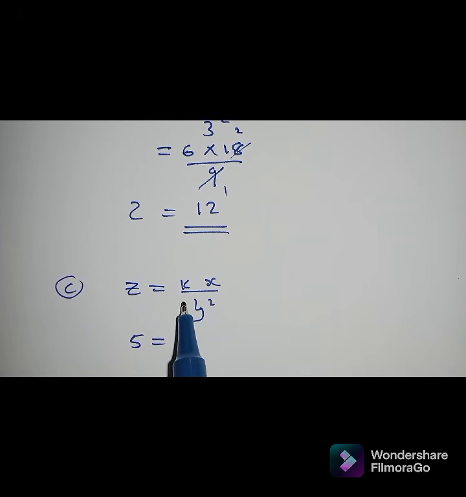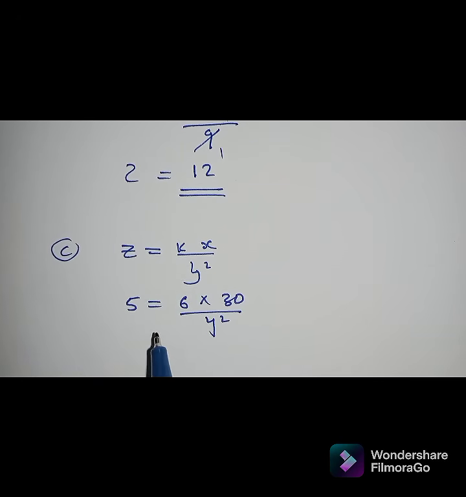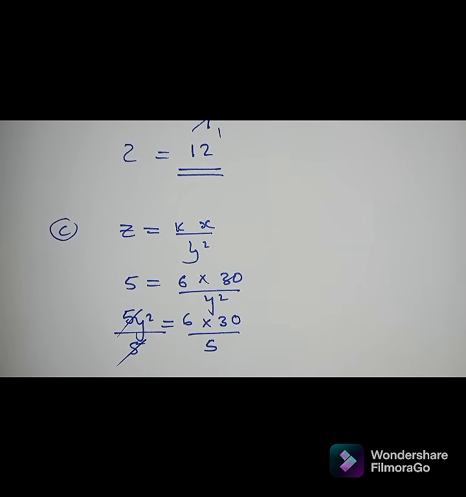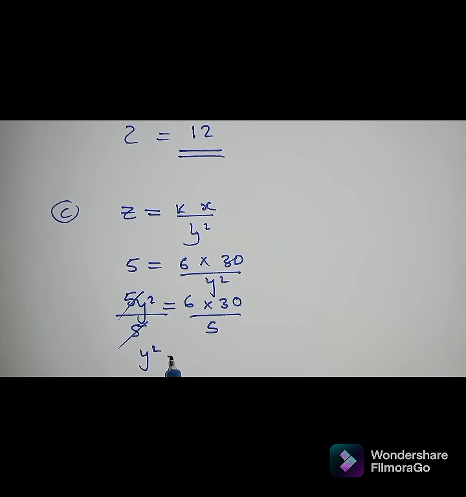Here we know that k is 6 times x, they've said is 30 over y squared. So we can cross multiply here. We have 5y squared is equal to 6 times 30. Don't multiply here. It will be difficult for you if you have a very big number to divide. So here we cancel, we remain with the y squared. So 5 into 30 is 6. 6 times 6 is 36.